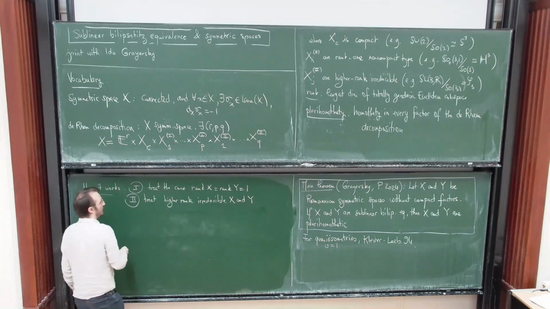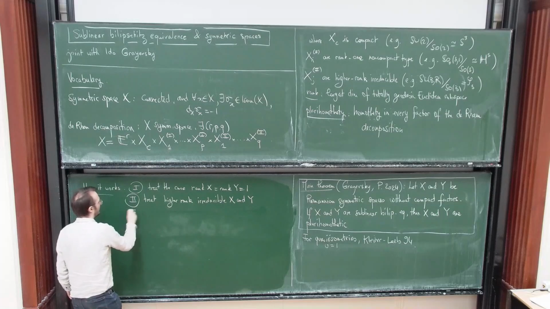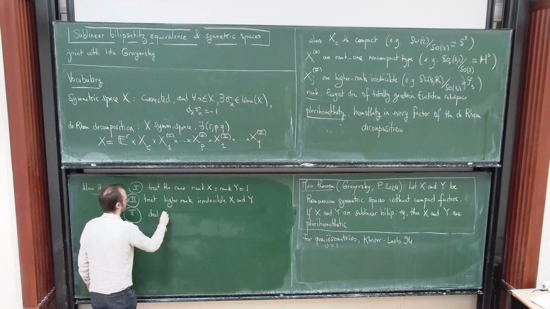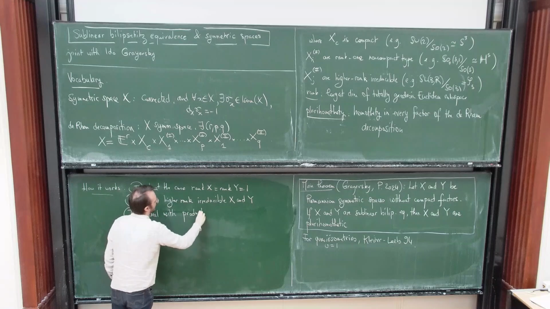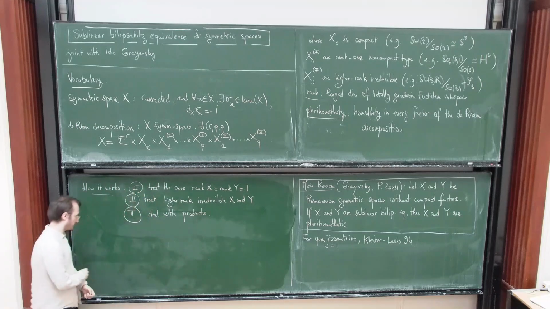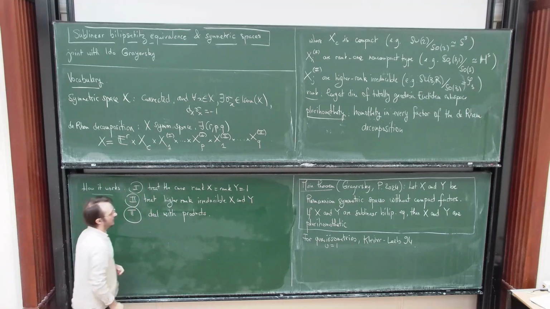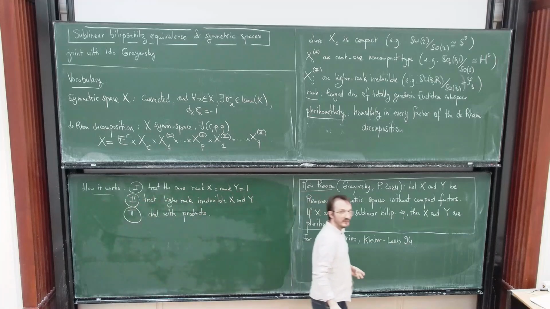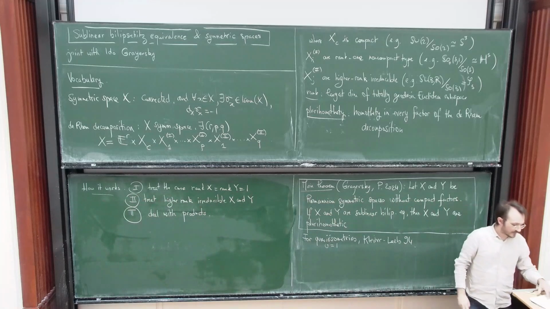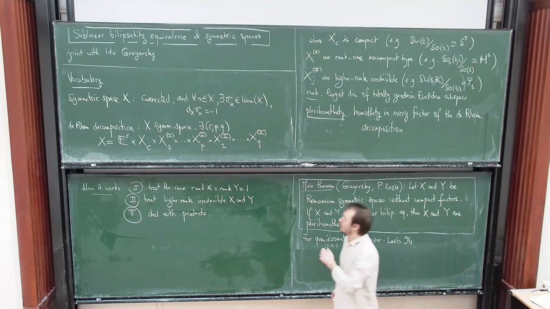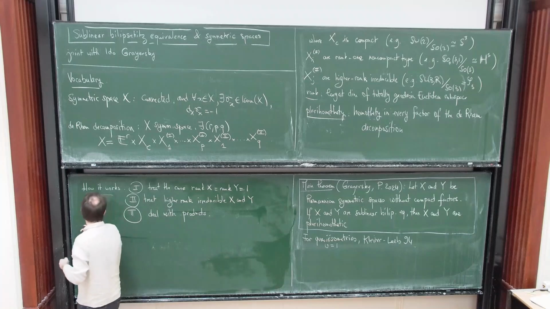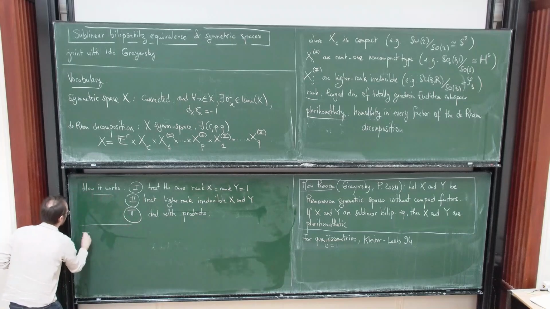Actually I will skip to the third case, deal with products. And after that there are the Euclidean ones, but that's the three steps of the strategy. And so a few words on step one.